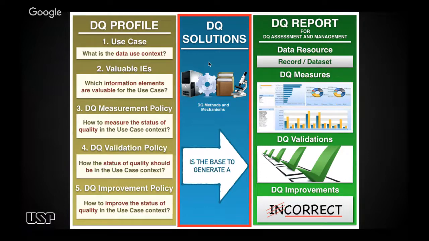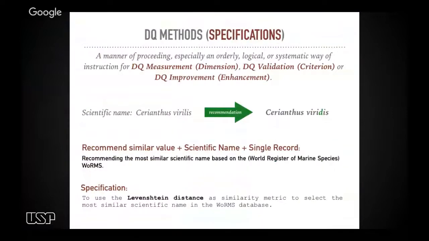Now we have to describe what kind of solution we use to generate a report based on this data quality profile. So in this data quality solution, we have to describe basically two things: the method that I'm going to use and the mechanism, the implementation of this method, that we're going to use to generate the report.